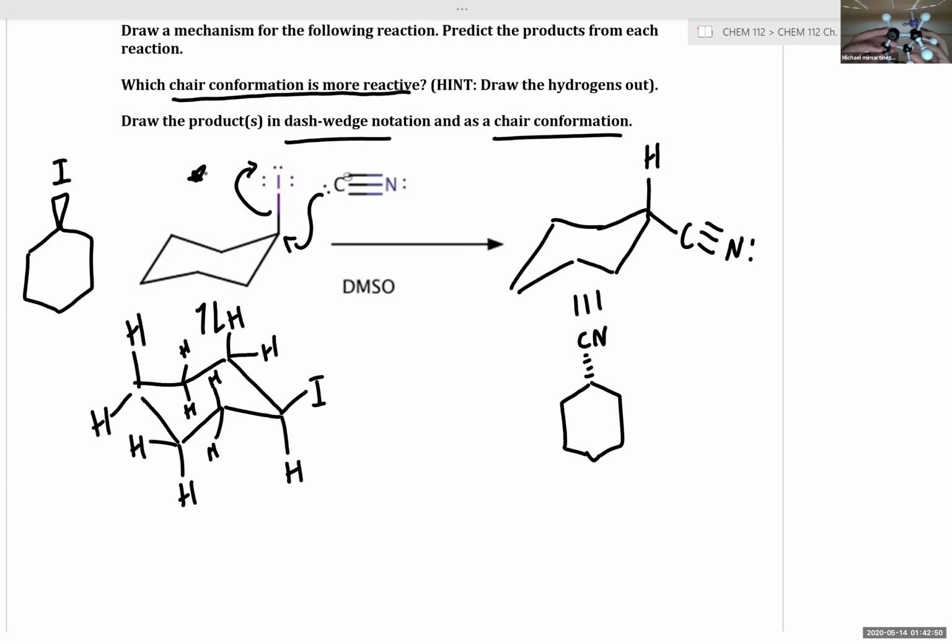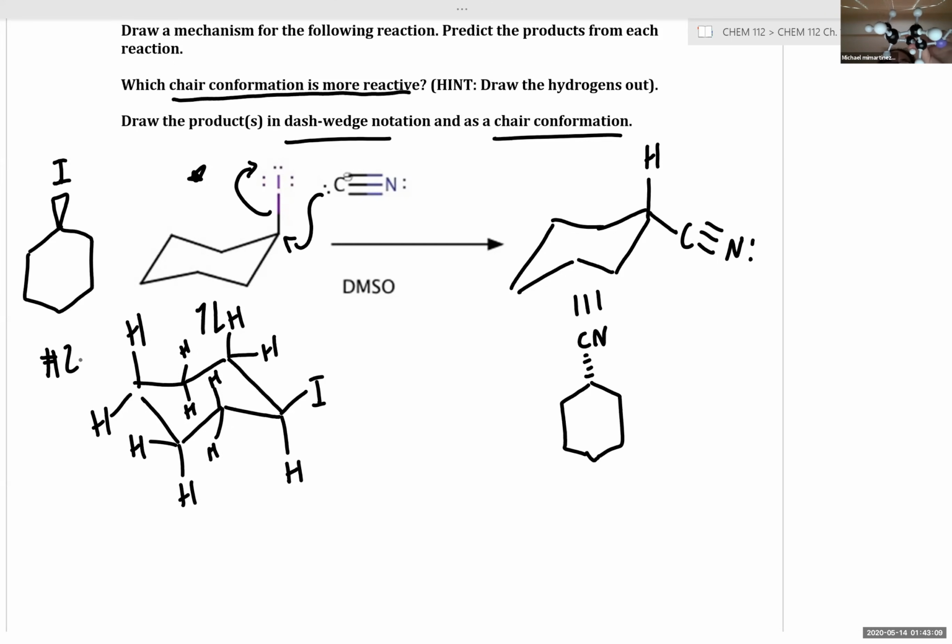Now, if we undergo a chair flip, and we entertain our second possibility, which is shown right here, you may think, oh, not much has changed.